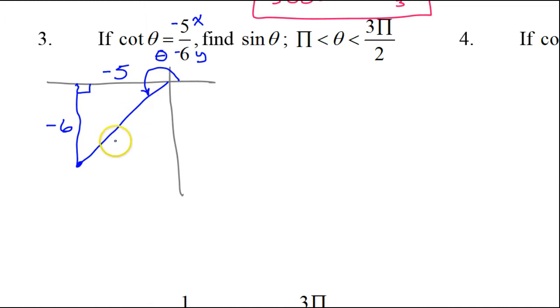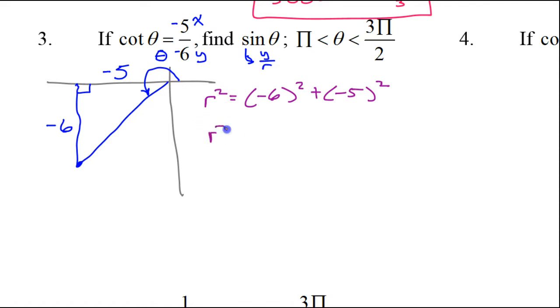Now, we're going to need the radius in order to do the sine function, since the sine function is the y value over the radius. So we are going to do the Pythagorean theorem. Negative 6 squared plus negative 5 squared is equal to the radius squared.